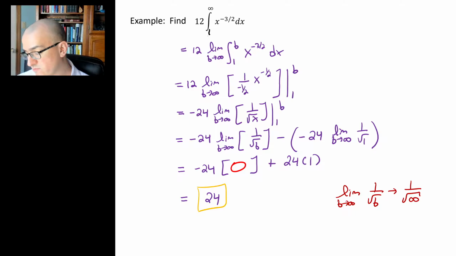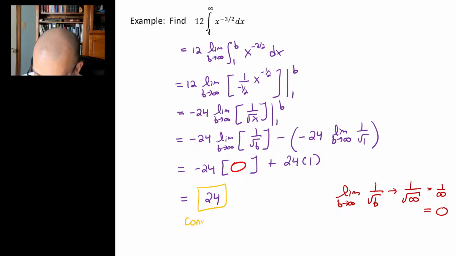Can you multiply 50 trillion by itself to get infinity? No, it's too small. The only thing you can multiply by itself to get infinity is infinity. And 1 over infinity, you think about that lottery, 0 odds of winning. So that's why it's 0 there. And I should attach the special keyword: it converges to 24.